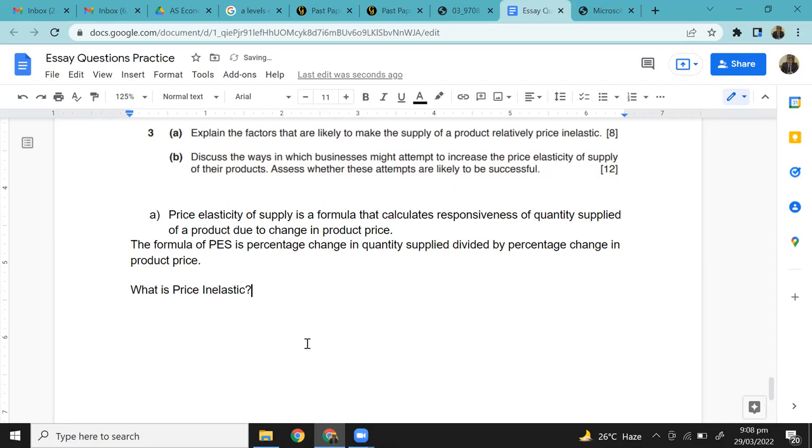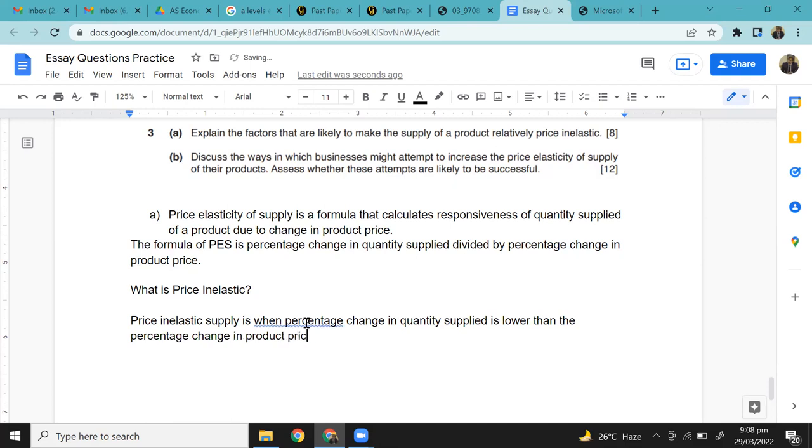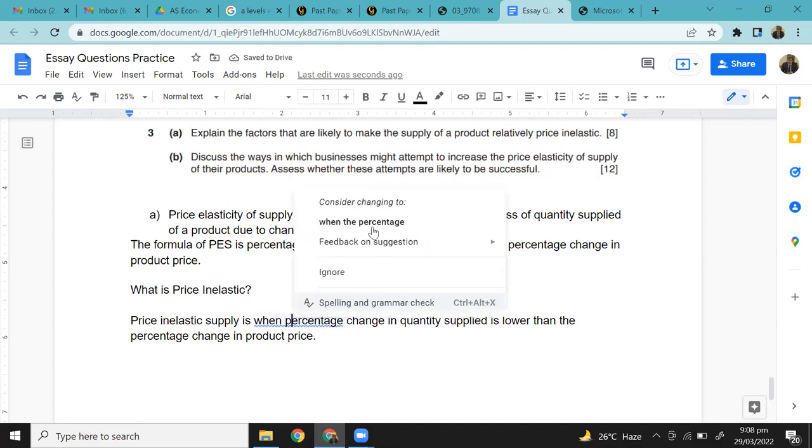Price inelastic supply is when, due to a given change in price, the percentage change in quantity supplied is lower than the percentage change in product price. Is this making sense? So what is inelastic? Inelastic simply means less responsive.